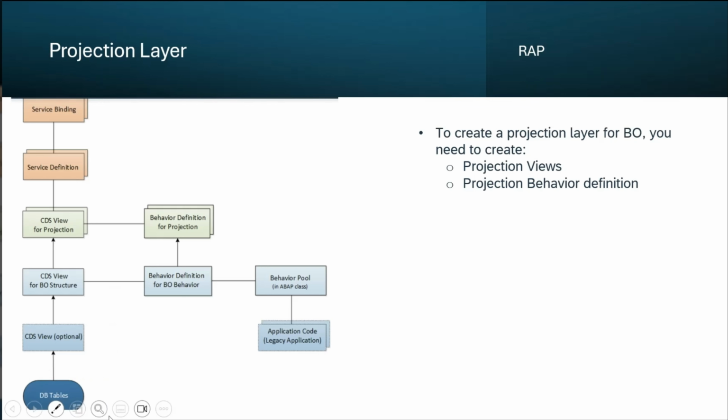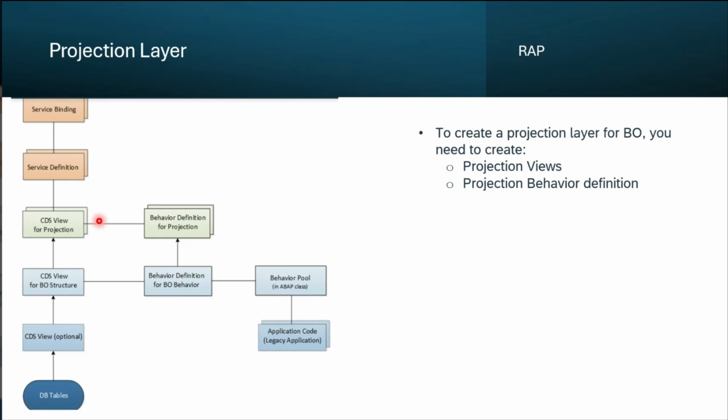You will be having the database tables, and we will be creating the CDS view on top of your database tables, and you will be having one CDS view for your BO, where you will be creating the behavior definition and behavior implementation in your ABAP classes, and you will be writing that code in your ABAP classes.